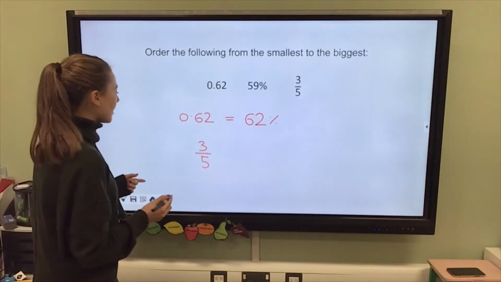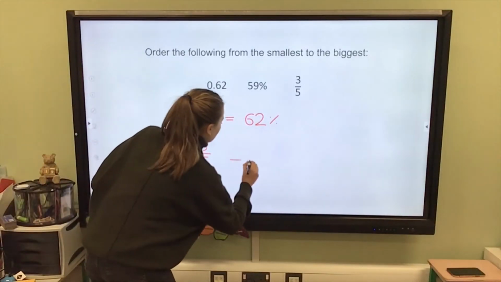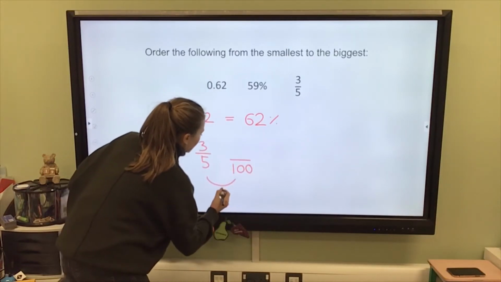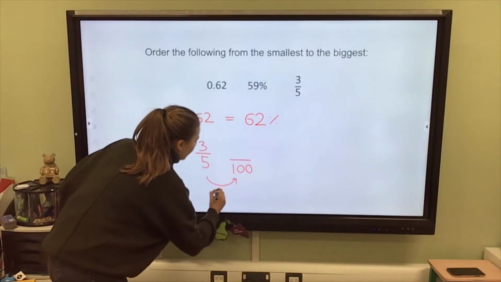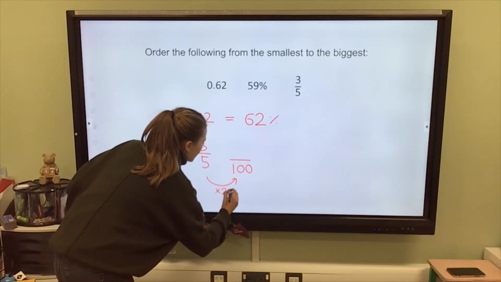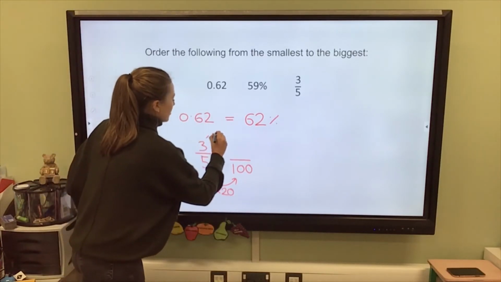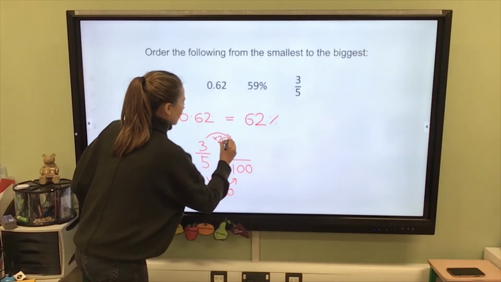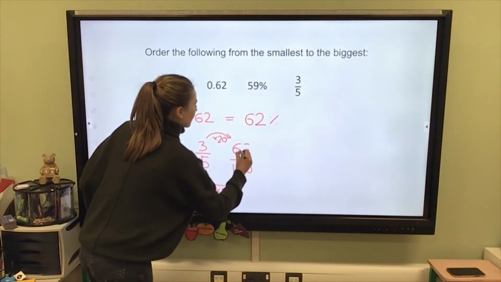So the first thing that I would do is make my denominator 100, and I need to multiply 5 by 20 to get to 100. So I'll do the same to my numerator, multiply it by 20, which is 60.